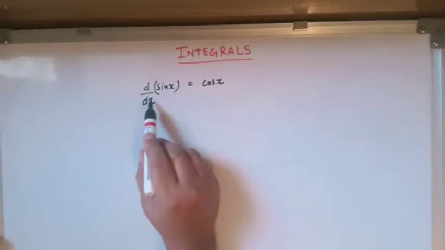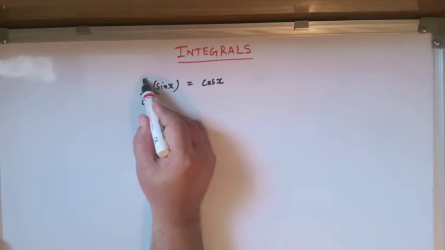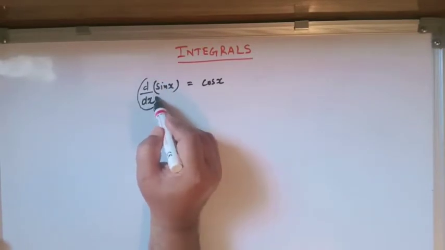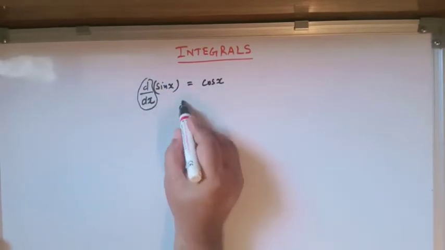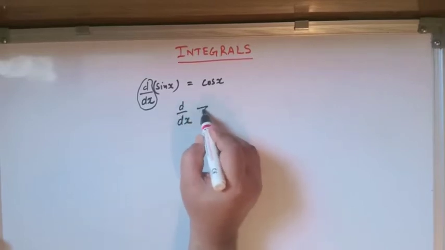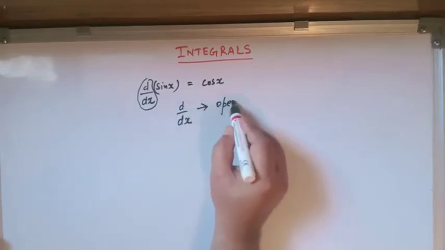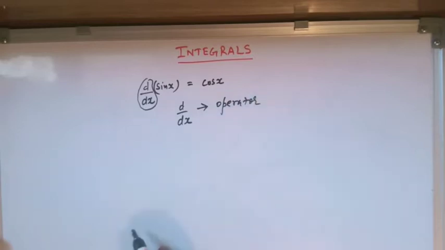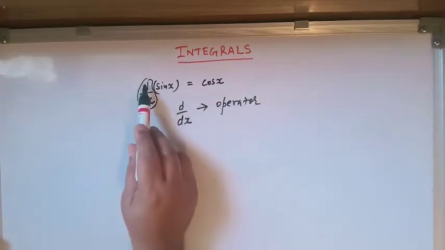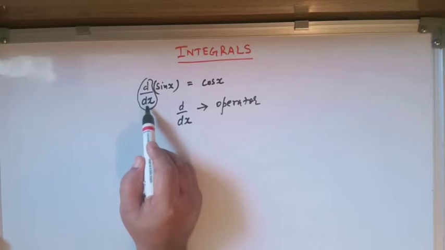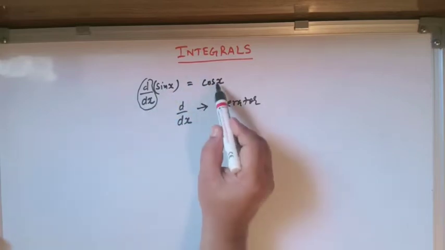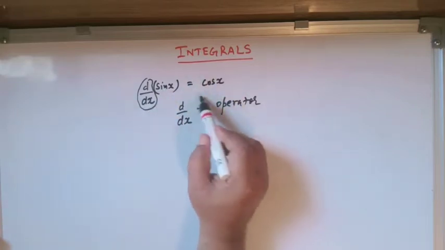Now here we see that this d over dx is an operator. So when we operate d by dx on sine x, we get cos x.